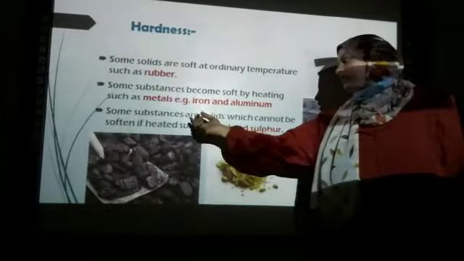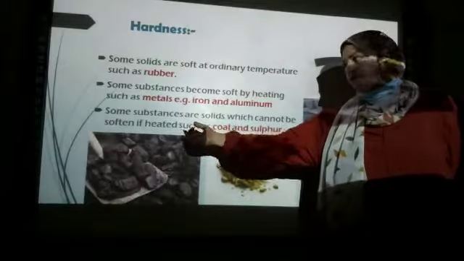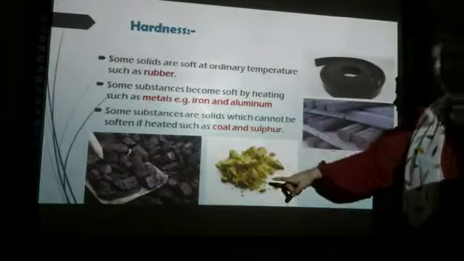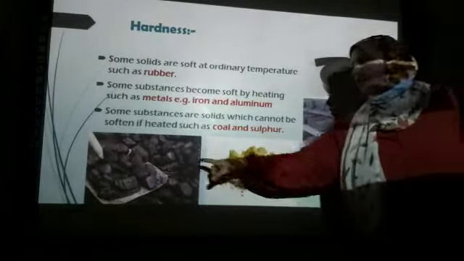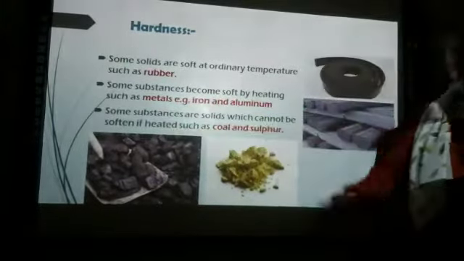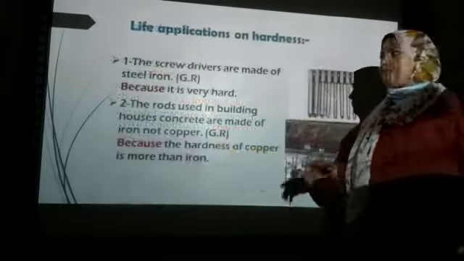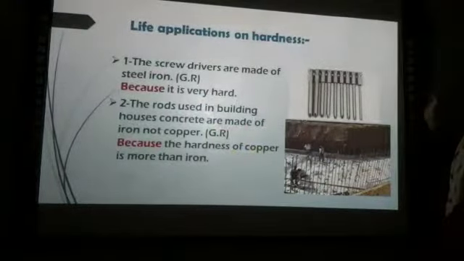And some substances are solids which can't be softened by heat, such as coal and sulfur. Coal and sulfur can't be softened by heat.